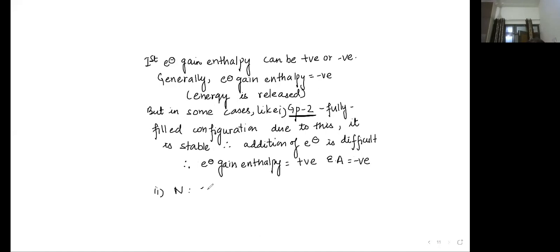Nitrogen configuration is 2p3. So due to half filled, stable configuration and small size, addition of electron is difficult.